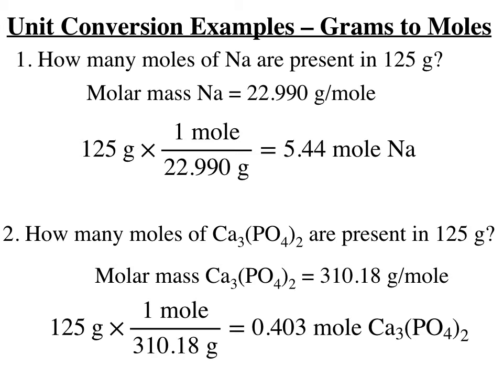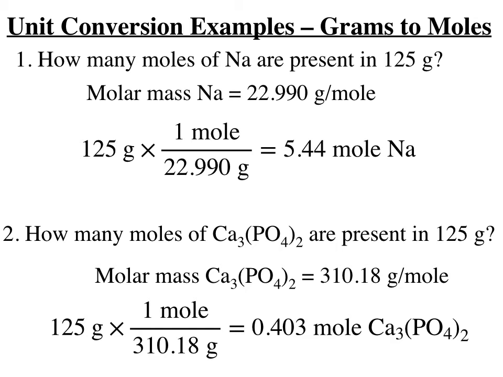I take the molar mass lined up so that the gram units cancel, meaning the mass of it goes on the bottom, so naturally the moles of it pop to the top, and I've lined it up so that the G's are gone, algebraically dividing away, and the only unit left is mole. So I will take 125 times 1, divide by 22.990, and I would find, if I weigh out 125 grams of Na, I have weighed out 5.44 moles of Na.